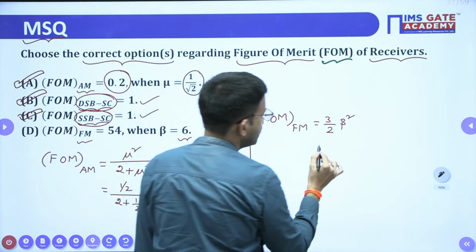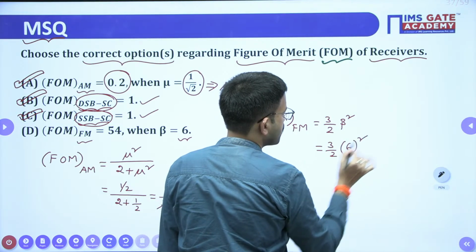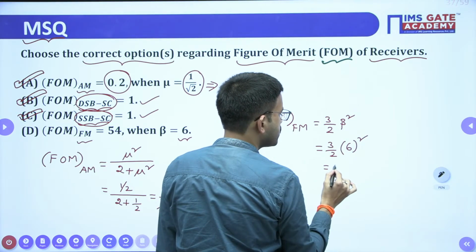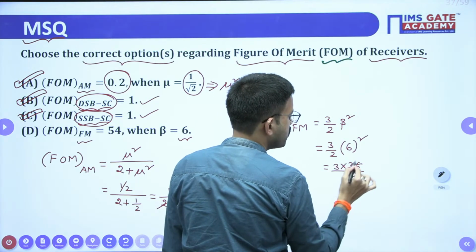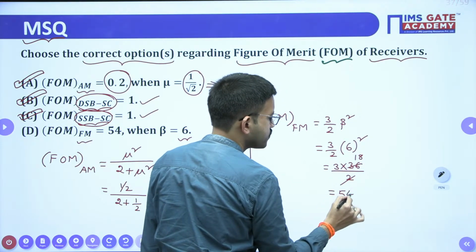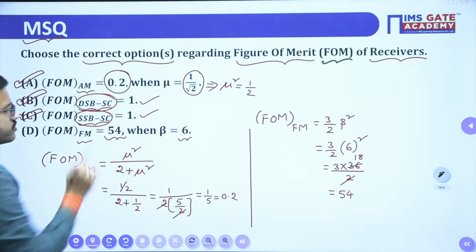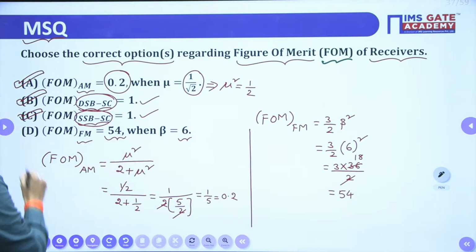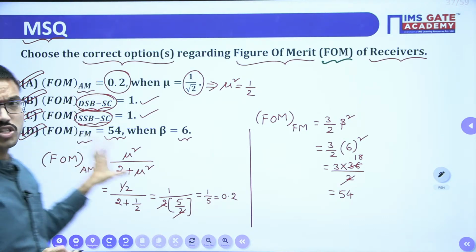So just substitute beta value 6. 6 square is nothing but 36. So 3 into 36 divided by 2. 2 18s are 36. 3 into 18 is nothing but 54. Yes, here also they have mentioned figure of merit as 54 when beta equals 6. Yes, option D is also correct. So for this question, all the 4 choices are correct.